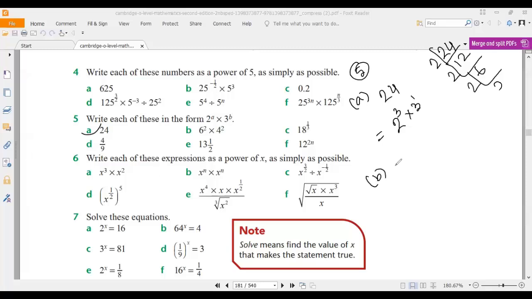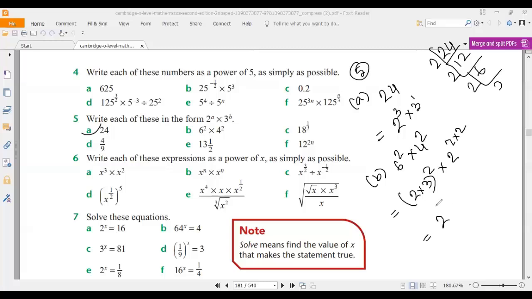Now, question number B, 6 square multiplied by 4 square. What does 6 square mean? 6 represents 2 into 3. So 2 multiplied by 3 whole square into 4 square, 4 represents 2 square, so 2 to the power 2 whole square.